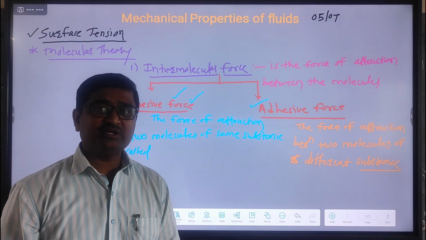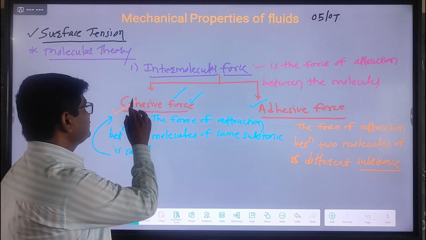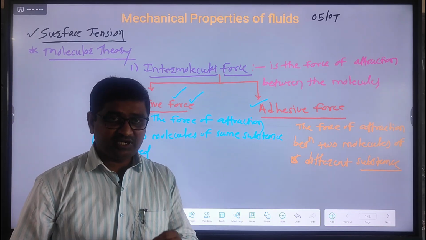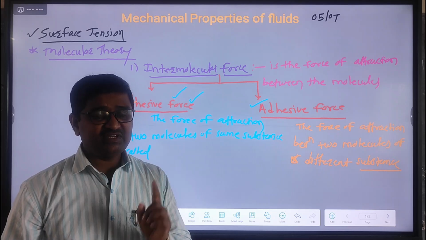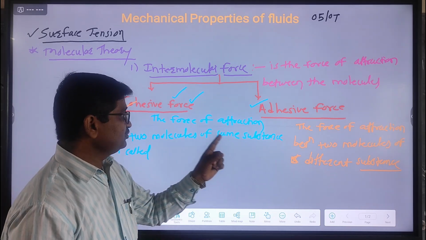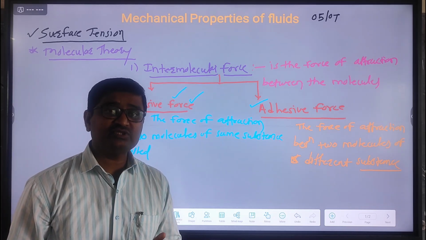And when same substance molecules are attracting together, the responsible force is called cohesive force. Now according to near about 80% of the concepts in surface tension depend upon these two important definitions, cohesive force and adhesive force.